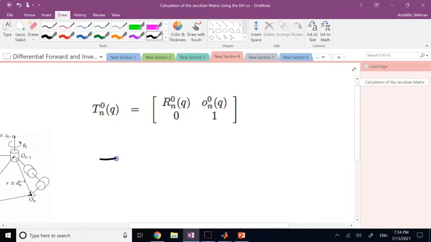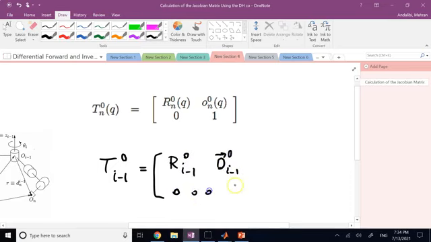For example, I can get T of frame i-1 in the base. And it will be the rotation matrix of this frame in the base, as well as the origin of this frame in the base, and a bunch of zeros and a 1.